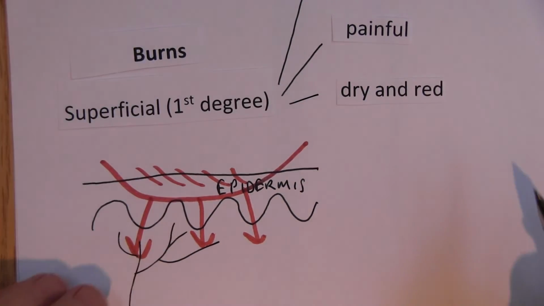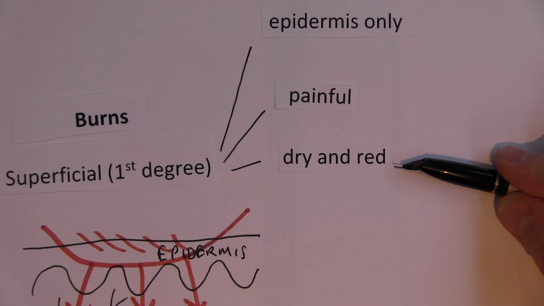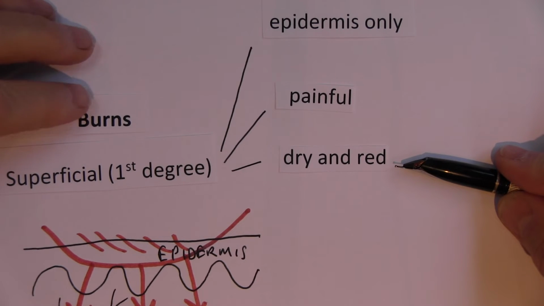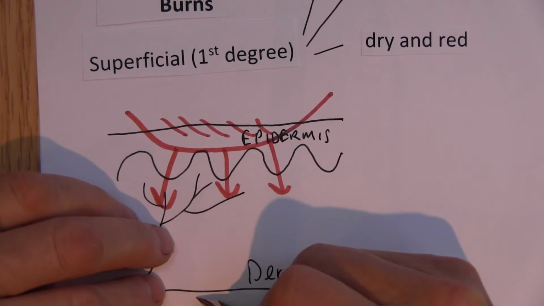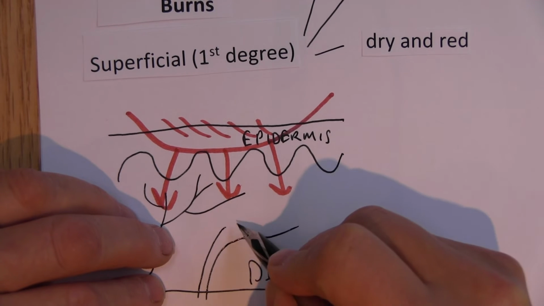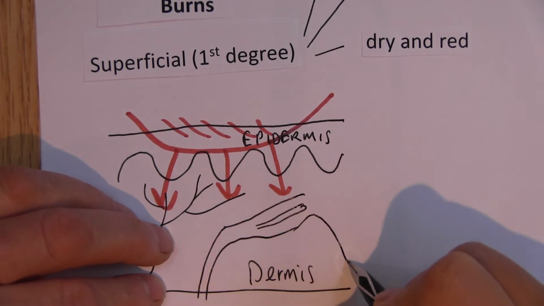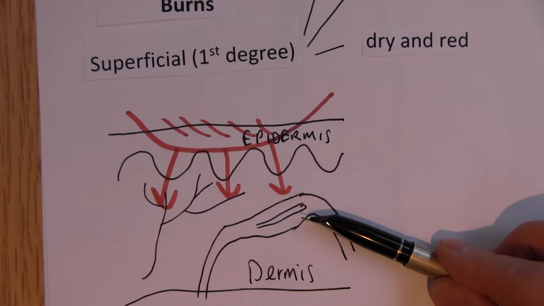Now the reason they're red is fairly obvious, because it's part of the inflammatory response. Heat, pain, redness, swelling is what we expect in the inflammatory response. But the superficial burns tend to be dry as well, because remember that the blood vessels, the arterioles, the capillaries, the millions of capillaries, the venules, they're confined to the dermis.